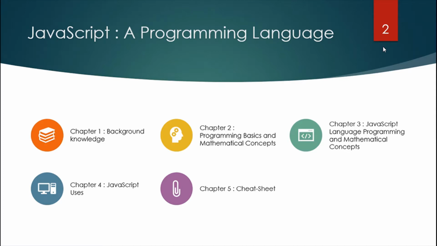The programming basics and mathematical concepts would be the different programming basics, like what the syntax is, how to write a JavaScript program, what the variables and data types are, and how to write the loops, as we all have in C, C++, or Java. Just how the methods should be written, and the operators, and many more. So you will get into it once we start with that.